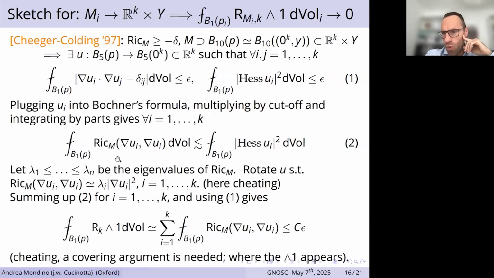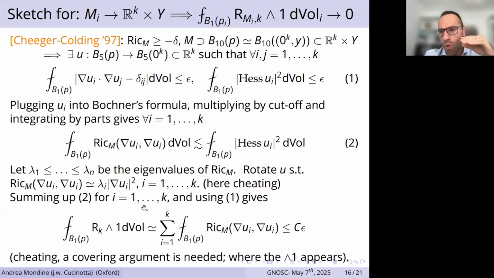So where I've been cheating, the cheating is that what we have is integral estimates, and what we need to make this work is a pointwise estimate. So how to make the argument work is you first turn these integral estimates into pointwise estimates on large sets, and then you use some covering arguments to close the argument.